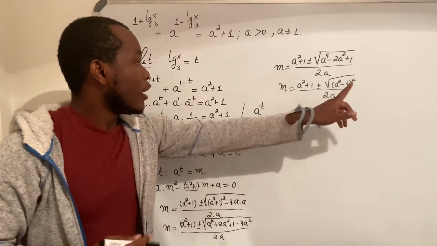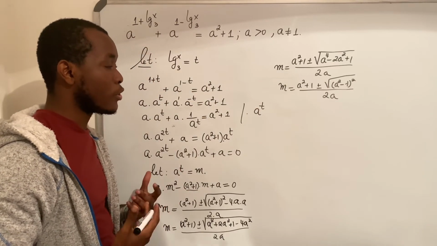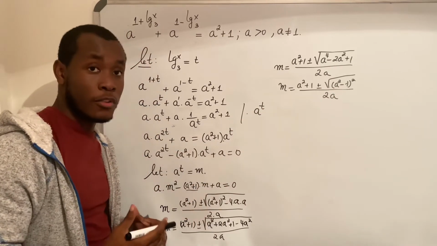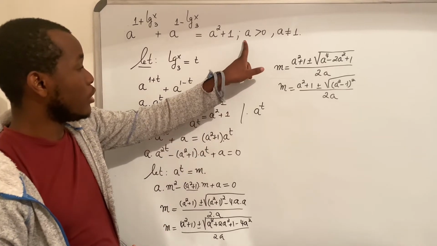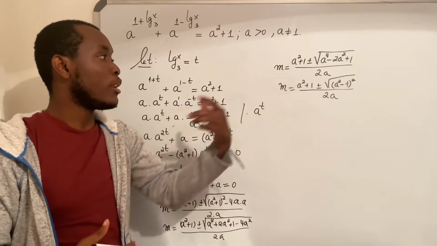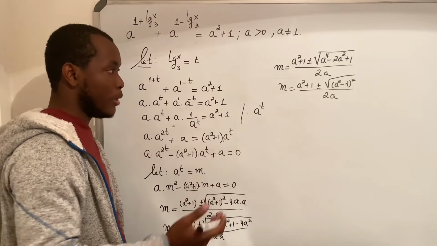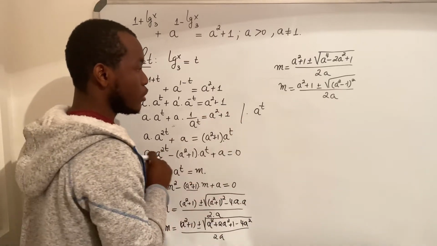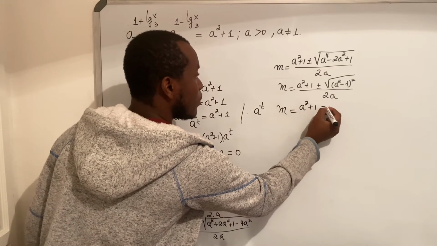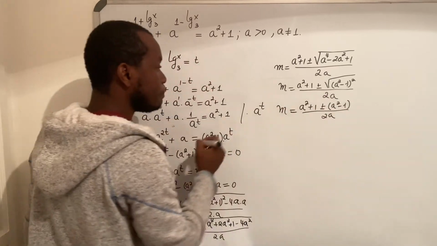Now, can we eliminate the square and the index? We can say yes and no, because we have to test first, as we don't know if the inside results in a negative or a positive number. But according to the condition, a is greater than 0 and different than 1. So that means a squared minus 1 will always be a positive number, so we can cancel. If it wouldn't be positive, then we would have to use absolute value to state that it has to be always positive. So we have a squared plus 1 plus or minus a squared minus 1 over 2a.